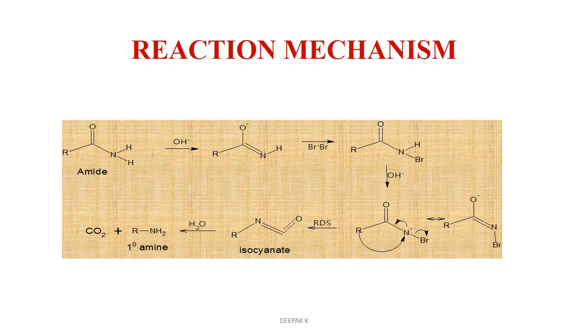This is the rearrangement that we are seeing, because even as N minus is releasing electrons, the R group will migrate to the nitrogen, thereby releasing bromine. That is the most important step, and that is the rearrangement reaction. That is where the rearrangement is happening, because as soon as the nitrogen lone pair is used to form the bond, the R group gets migrated, and thereby the leaving group, bromine, leaves.